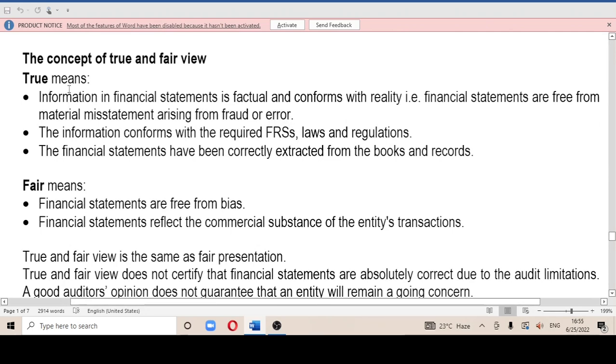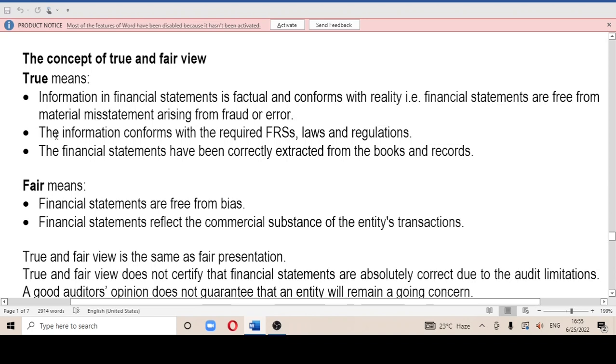So what does true mean? True means that information in the financial statements is factual. It means that it is accurate and conforms with reality. For example, financial statements are free from material misstatement arising from fraud or error.